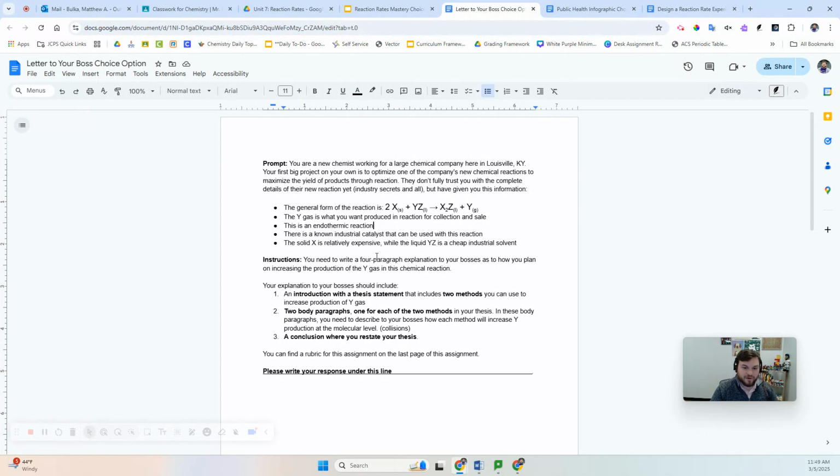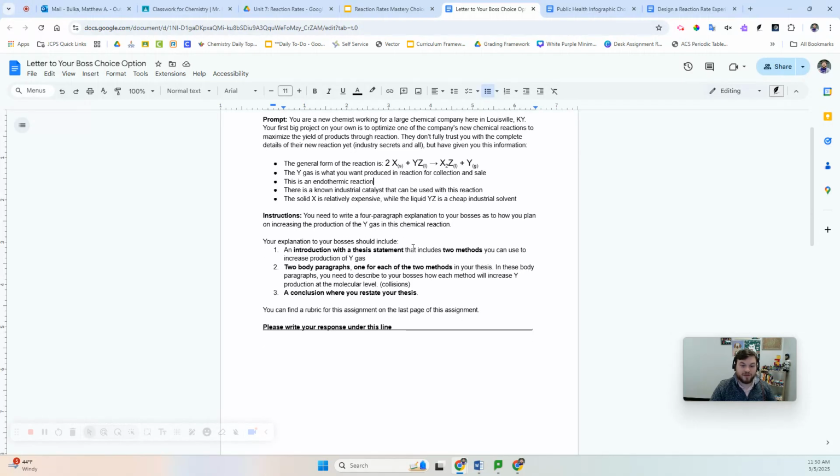So, your instructions: you're going to write a 4 paragraph explanation to your bosses for how you plan to increase the production of Y gas in the chemical reaction by speeding up that rate of reaction. Okay. So you're going to have an introduction with a thesis statement where you say, I plan to speed up the rate of this reaction and produce more Y gas by doing A and B. And then your two body paragraphs will need to be, one for each of the two methods you choose, and you'll need to describe how each method will increase that Y gas production.